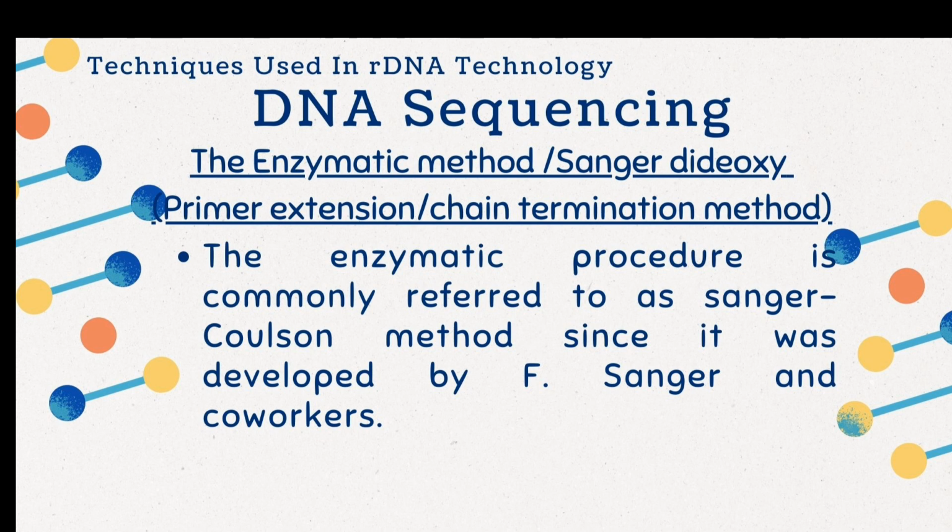Ayan, layo na natin. So, overall, this enzymatic method provides sa mga researchers ng accurate information about the genetic material at para matulungan yung mga scientists kung paano gumagana yung genes together within an organism.